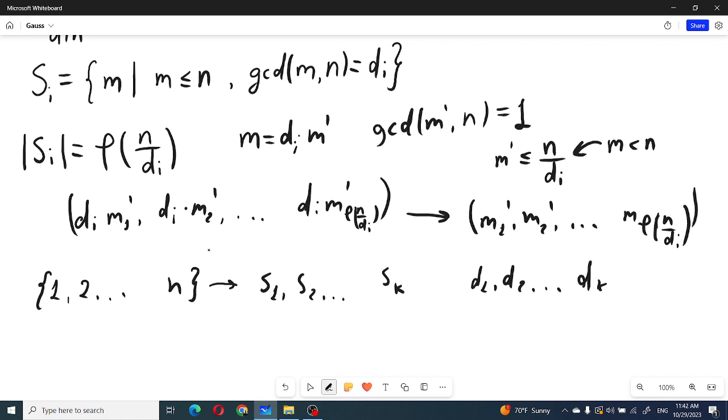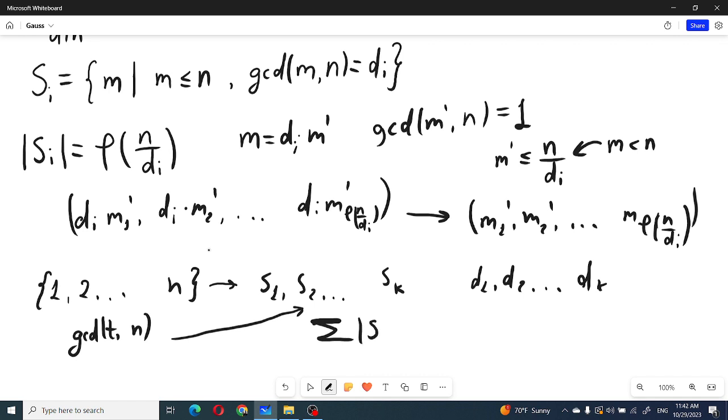Because we know that the GCD of n and any number t must be exactly one number, each number will go to only one set S_i. So we have shown that the sum of the sizes of the sets S_i must be equal to n.